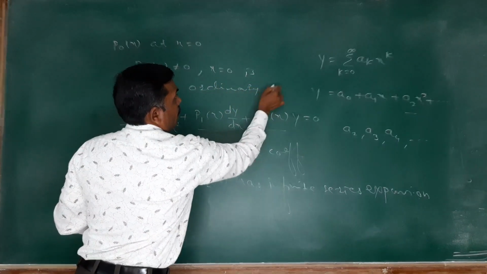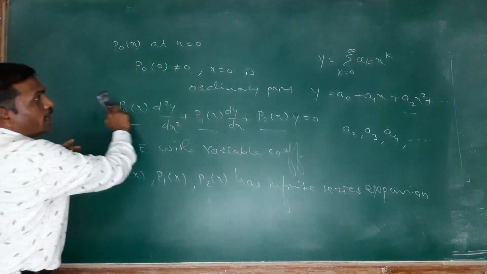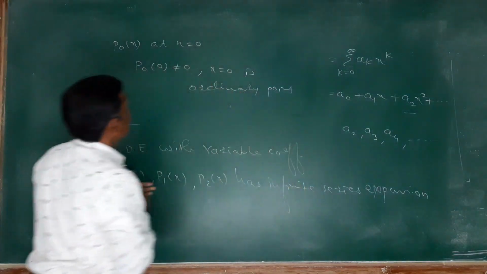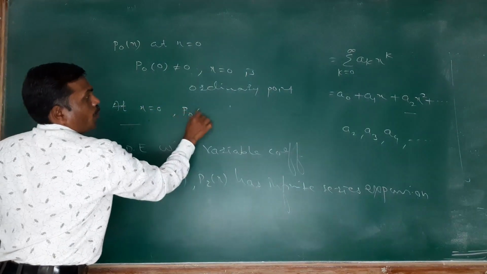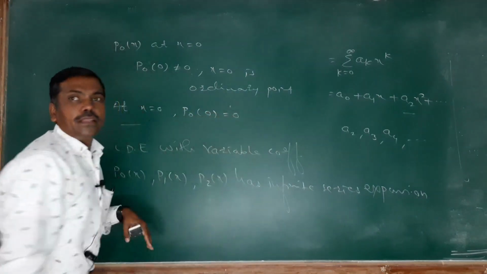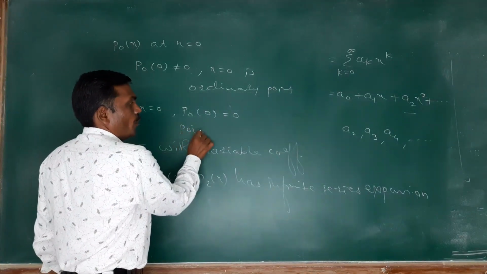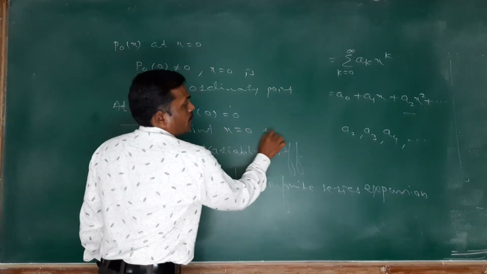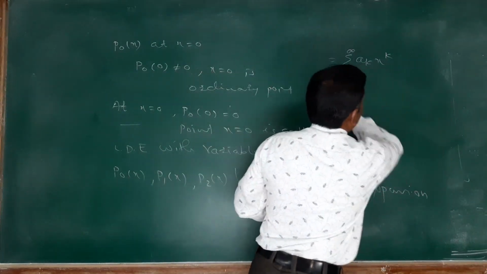In a similar way, if at x equal to 0, P0 of 0 equal to 0, then the point x equal to 0 is called a singular point.